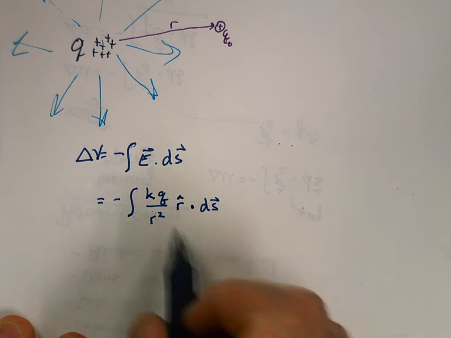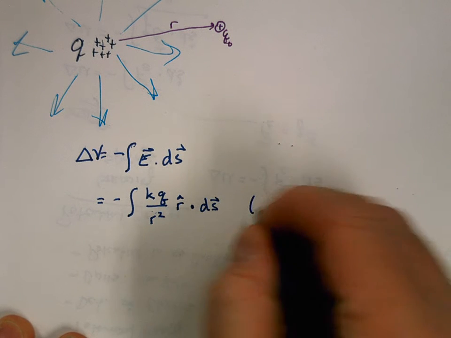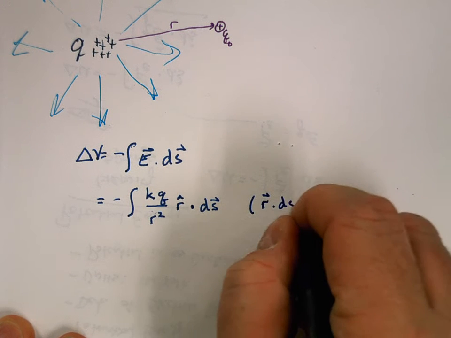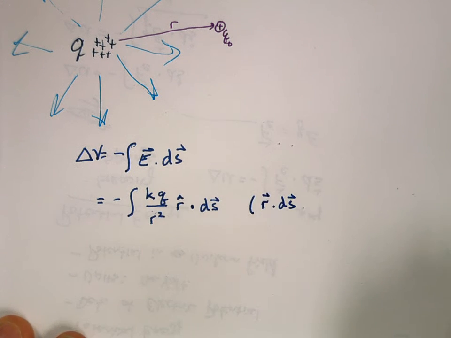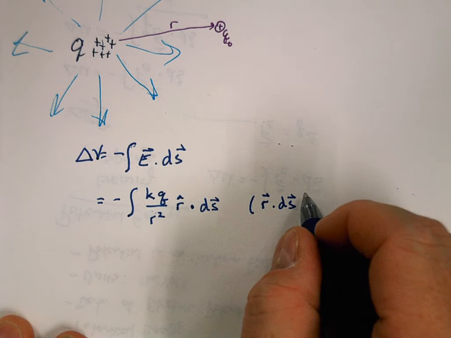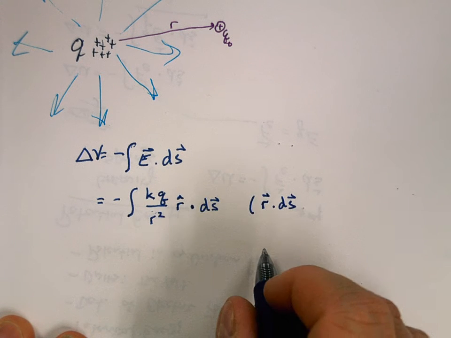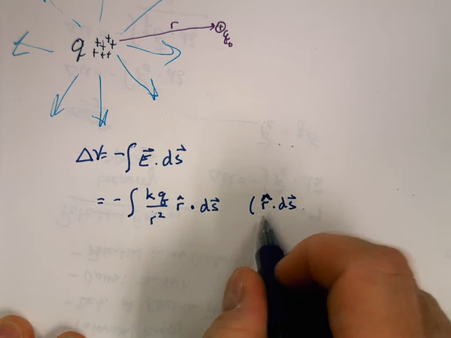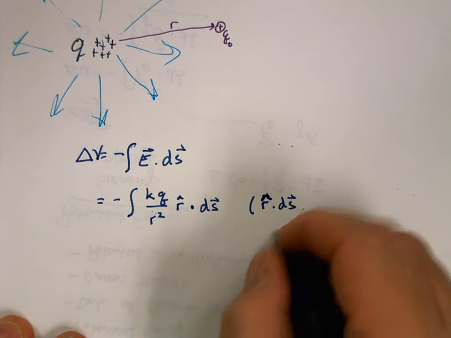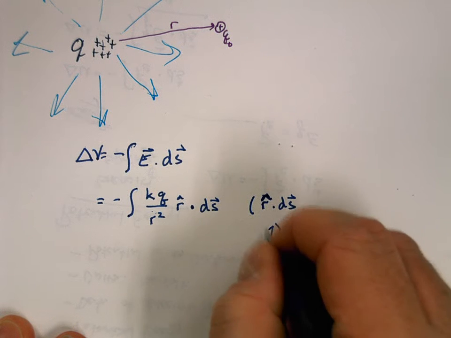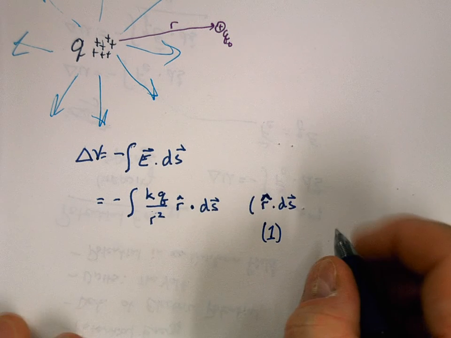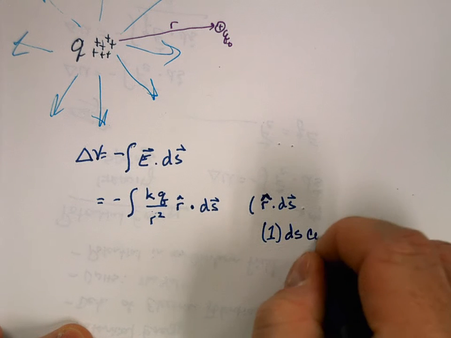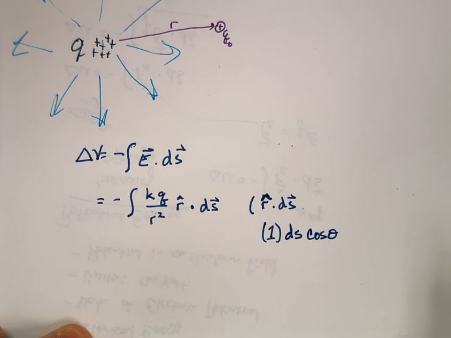Let's take this part, r hat dot ds, off to the side, which we had a little bit of confusion on the other day. This is r hat here, and the magnitude of it is just 1, times ds cosine theta.